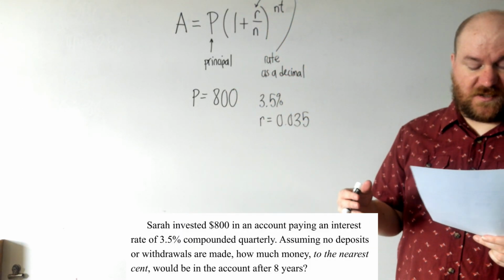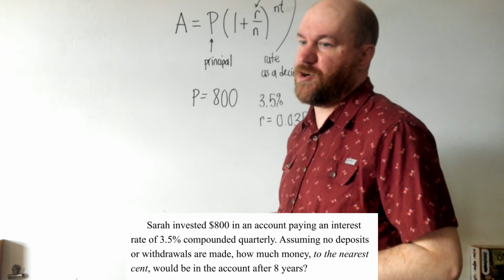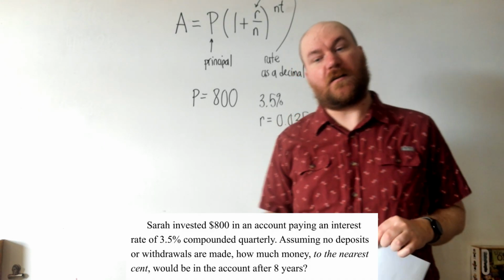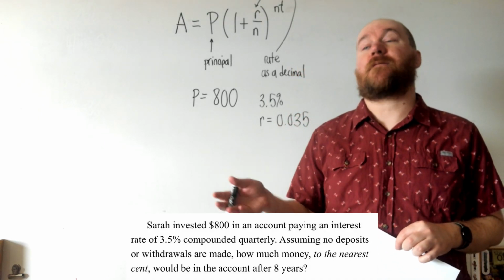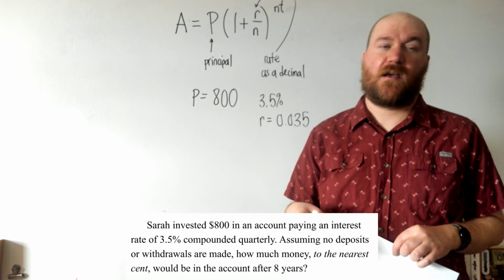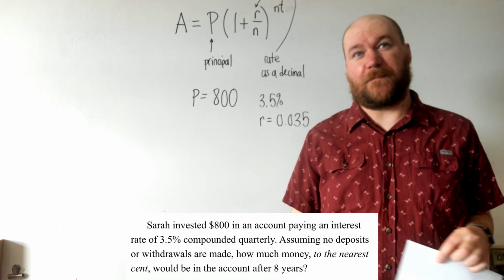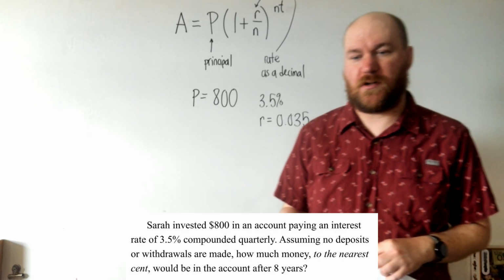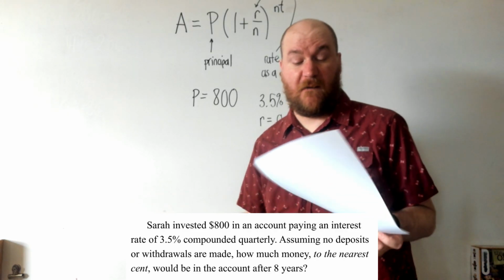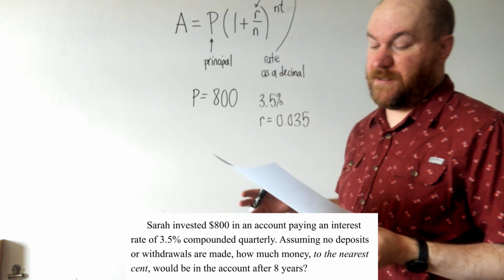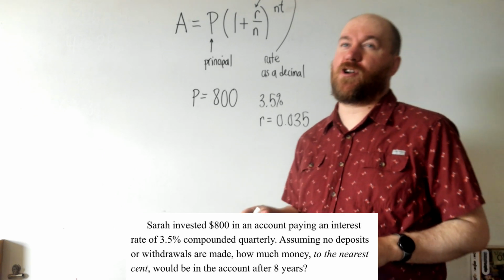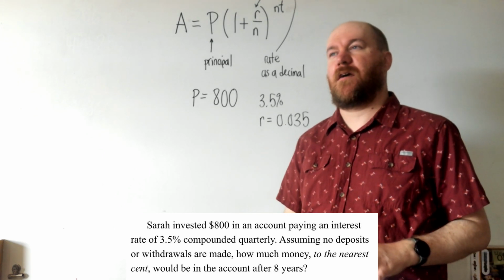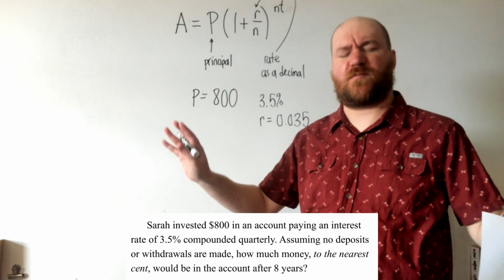Also in this question, it says that we're compounding quarterly. What that means is when they calculate interest, they can change how often they hand you that interest. Some banks offer it monthly. Some banks offer it quarterly. Some banks offer it yearly. So when they say they're offering it quarterly, that means 4 times a year. They're going to say, wait, stop. How much money's in your account?